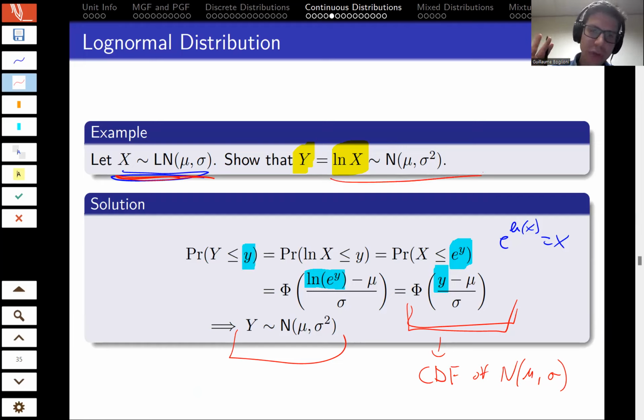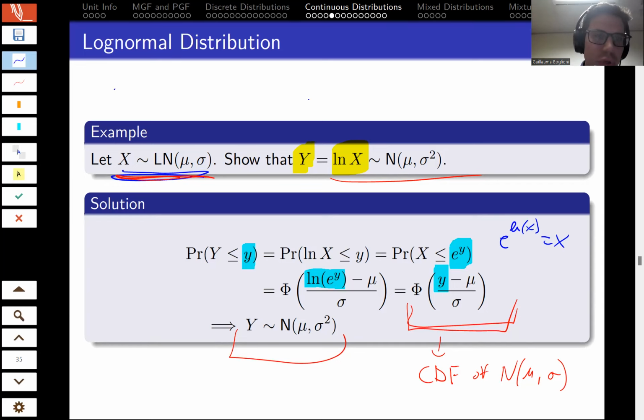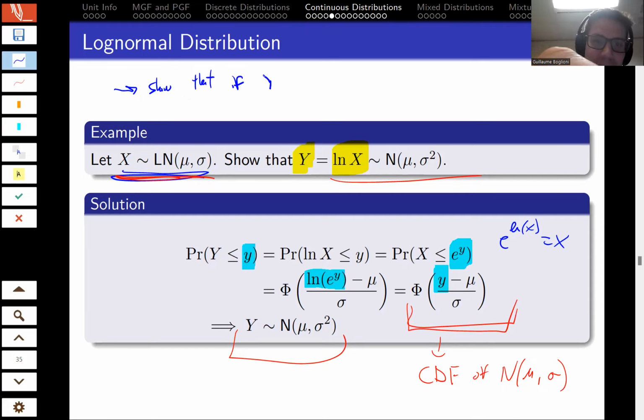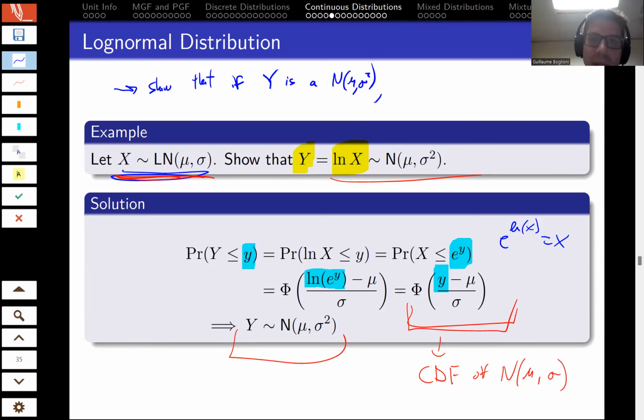And of course, you could prove the opposite: show that if y is a normal mu sigma squared, then e to the y is a log normal with those parameters mu, sigma squared.